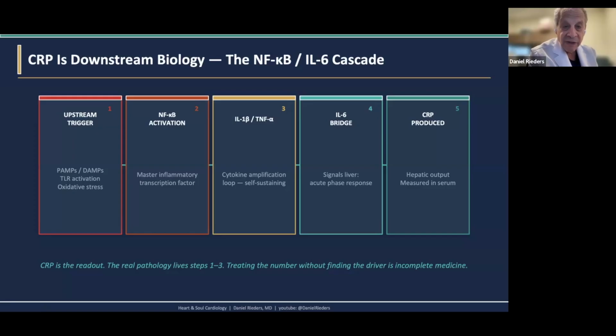So it's a master inflammatory transcription factor that's in the cell. It's being told to do that. So what tells the body to produce NF kappa B? Well, let's go upstream from that. Something called PAMPs, DAMPs, toll-like receptor activation, oxidative stress. So now we're getting there. So these are the messengers. PAMPs are pathogen-associated molecular patterns, and DAMPs are damage-associated molecular patterns.